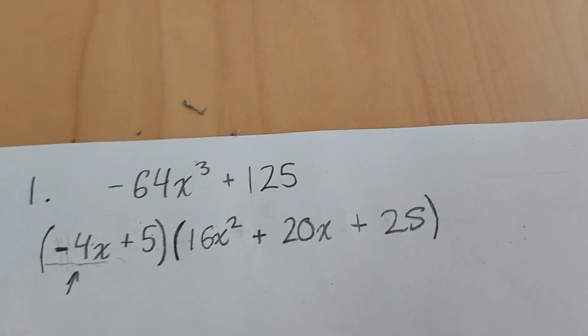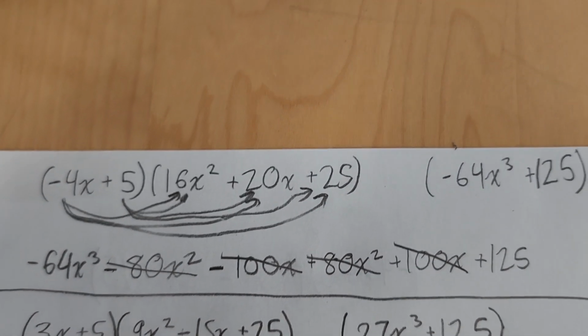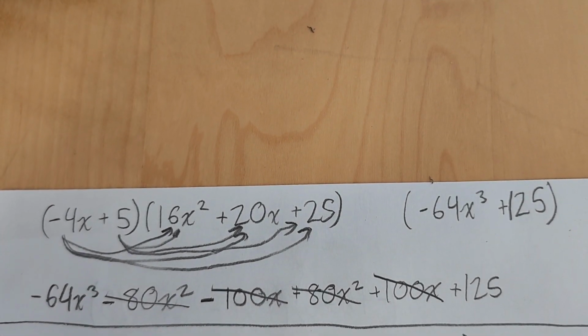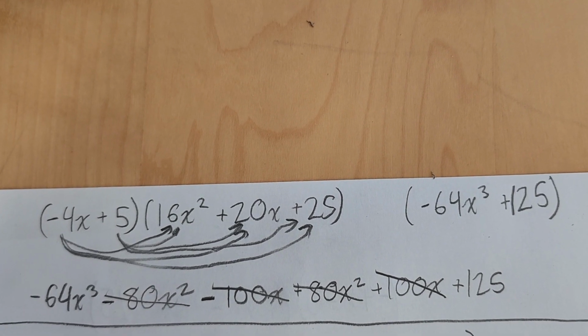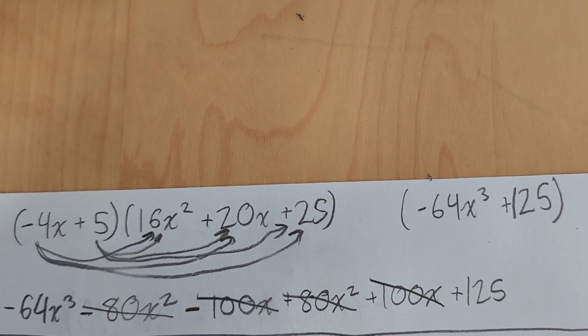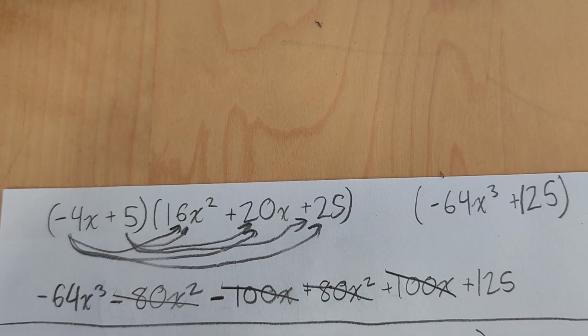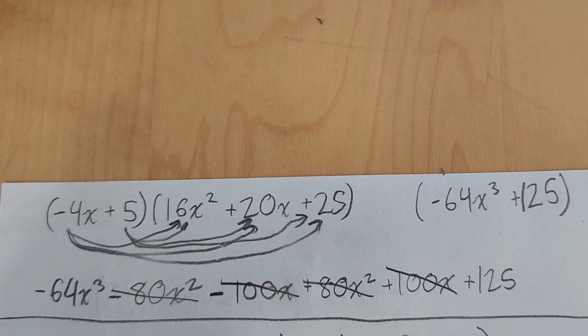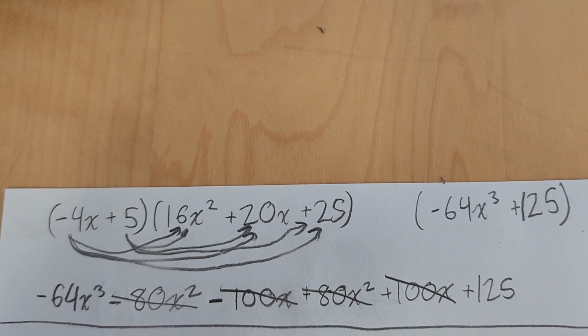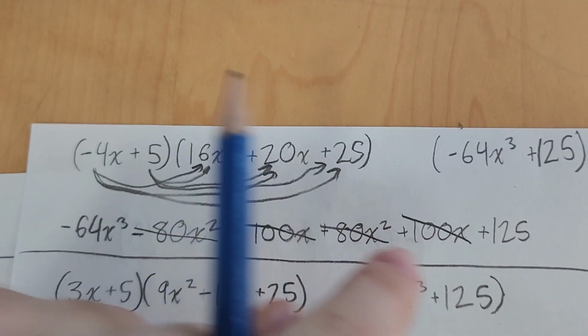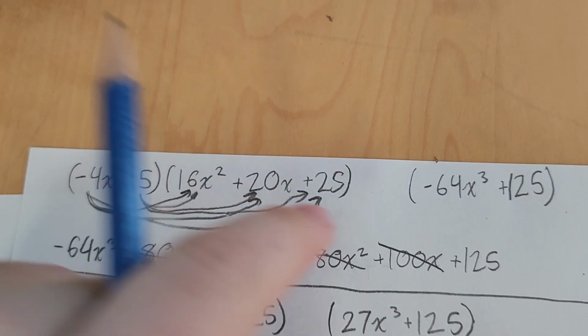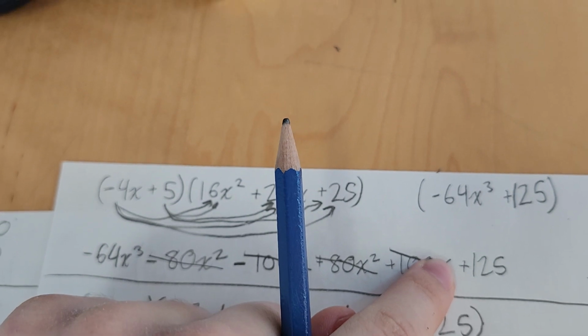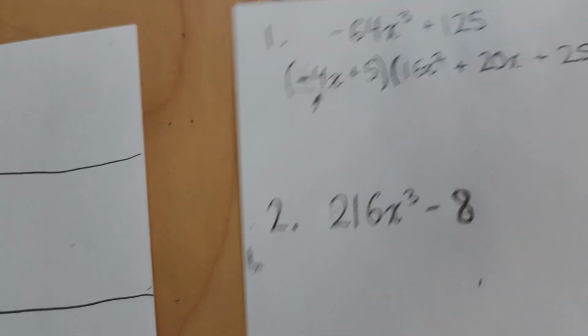If we expand this, I've done it over here, you can see that it was expanded properly, and you can expand it for yourself if you don't believe me. We got all these central terms canceling out, and we just got negative 64x cubed and 120 plus 125.